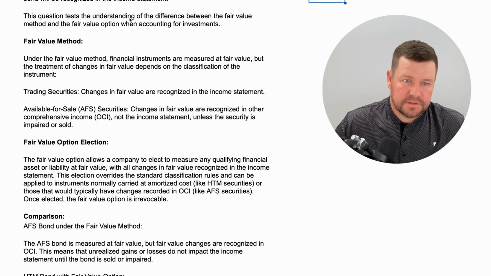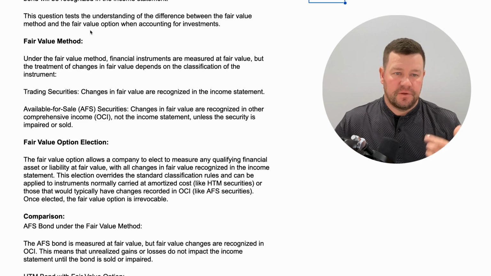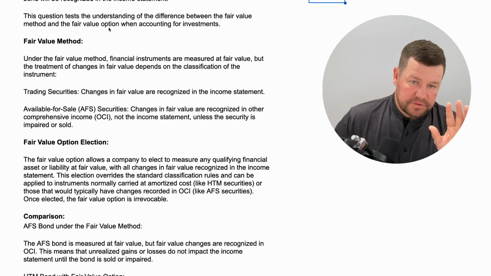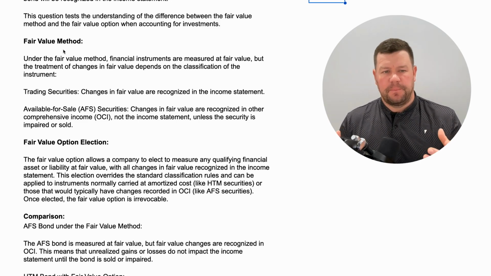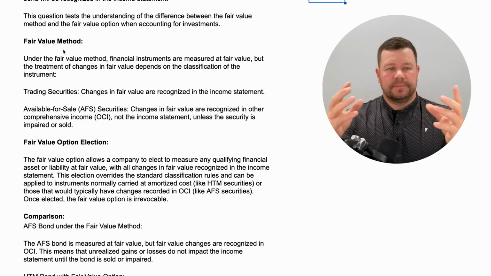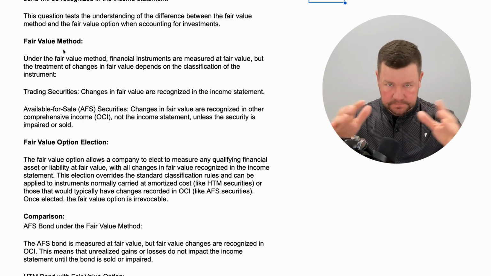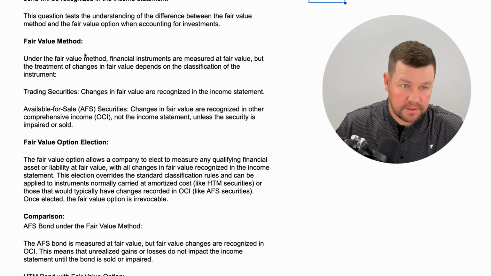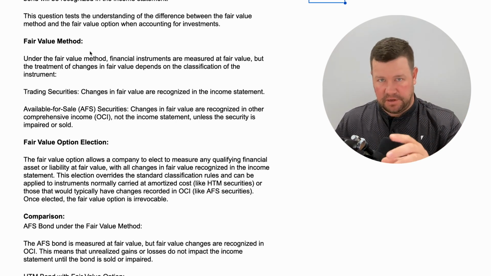So this question tests the understanding of the difference between the fair value method and the fair value option. Those are two different things. The fair value method basically just means what you're probably used to, depending on how much of this you've studied already, of how you would treat trading securities and AFS securities.